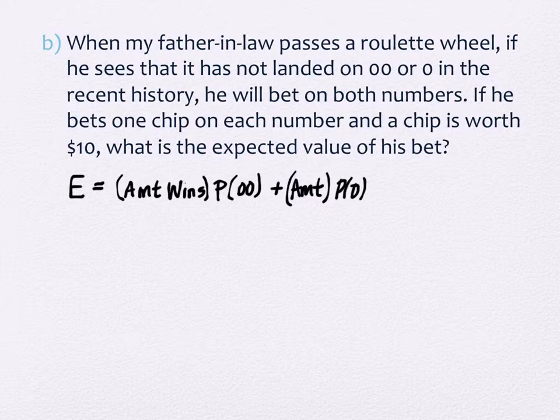We already know those 2 probabilities. We already calculated them. Plus the amount that he loses, and it will be a negative number. That's how we will represent it. And then there's the probability of rolling the numbers 1 through 36. Okay, so is everybody clear on where everything's coming from?